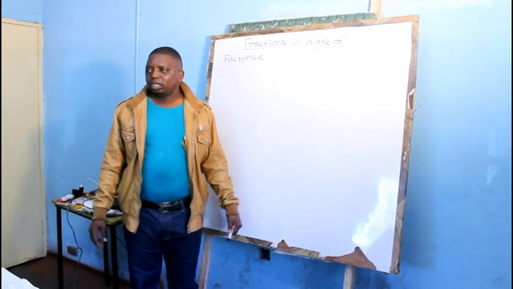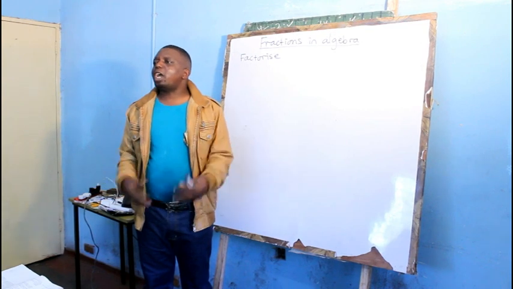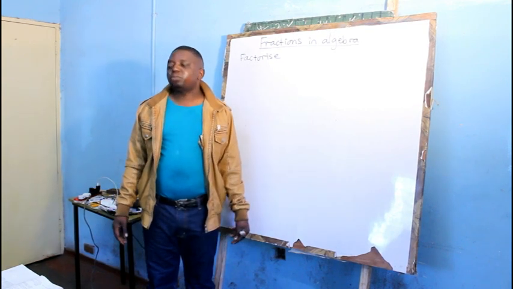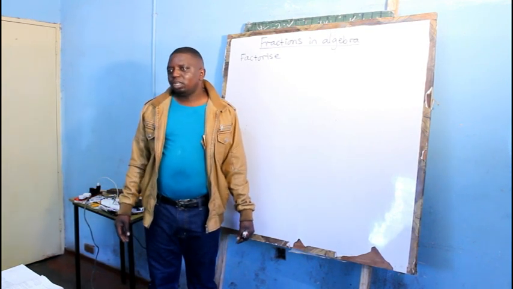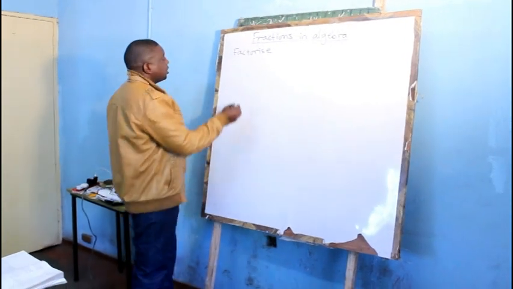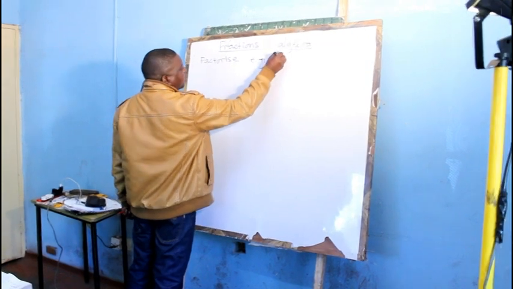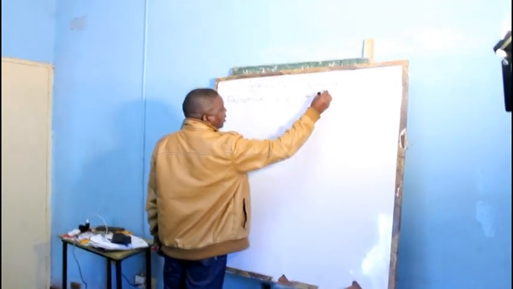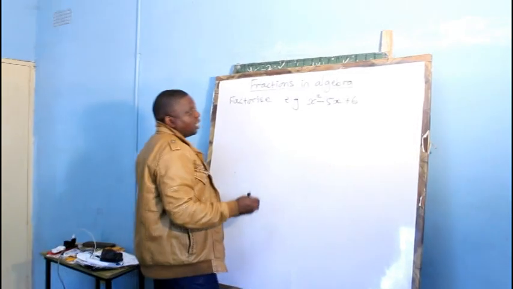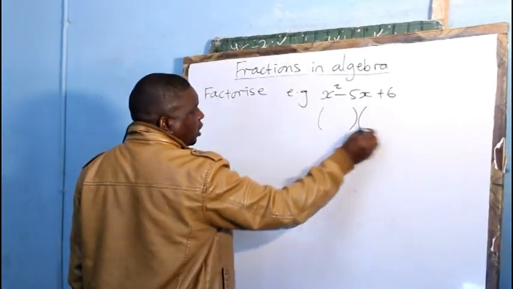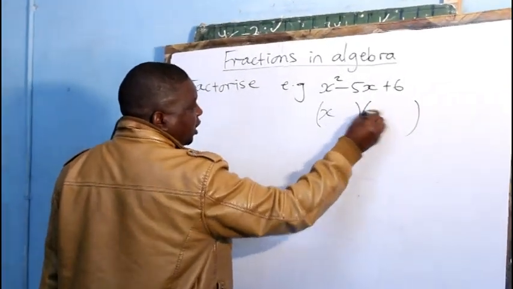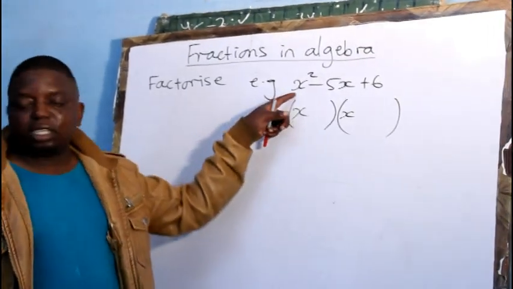Factorizing, you have to find the factors that multiply to give a given expression. For example, take x squared minus 5x plus 6. We factorize: x times x gives x squared.